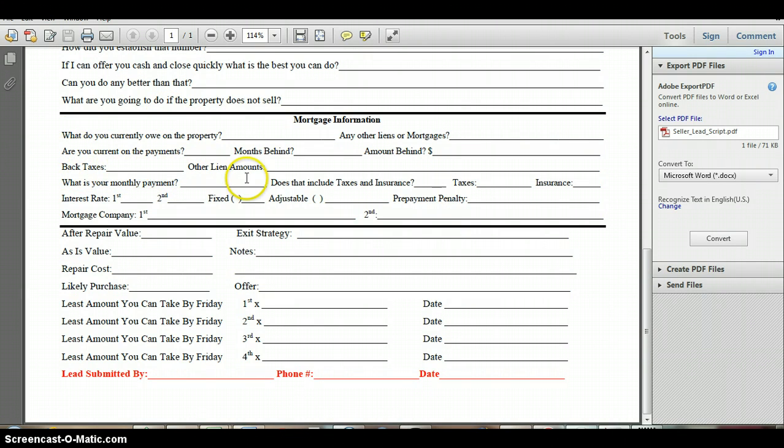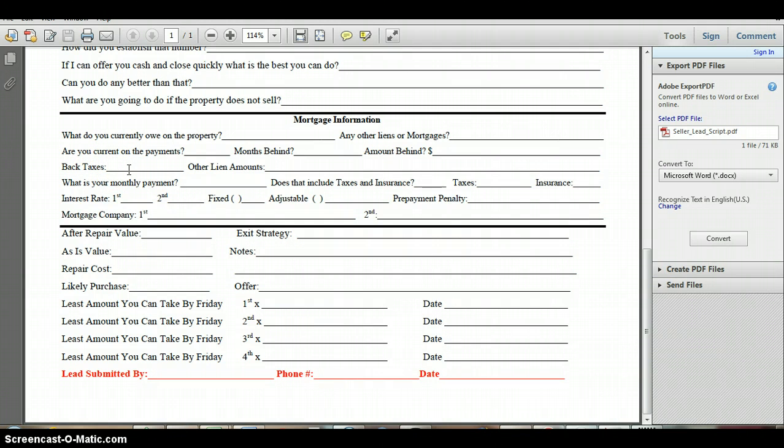These questions here are very important because if a property owner is delinquent, it puts us in a very peculiar situation. So we would have to choose a strategy that would best suit that particular owner if the property was actually worth saving. So this question here, are you current on payments?